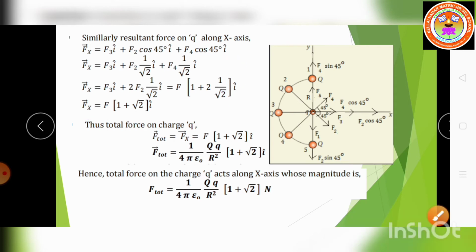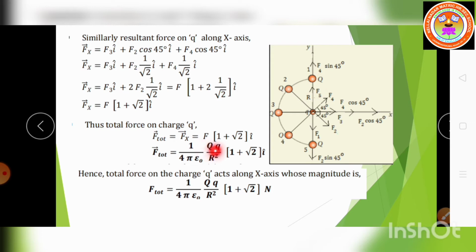Okay, understand children? So, next you are going to add the total force. So, that is 0 plus the force of this value. 0 plus any value gives the same value. So, again, F into 1 plus root 2 into I cap. Here, F total vector is equal to 1 by 4 pi epsilon naught QQ by R square. What is the value of force according to Coulomb's law? K into Q1 Q2 by R square. What is Q1? Q, and Q2 I am taking as capital Q, anyway we can take.